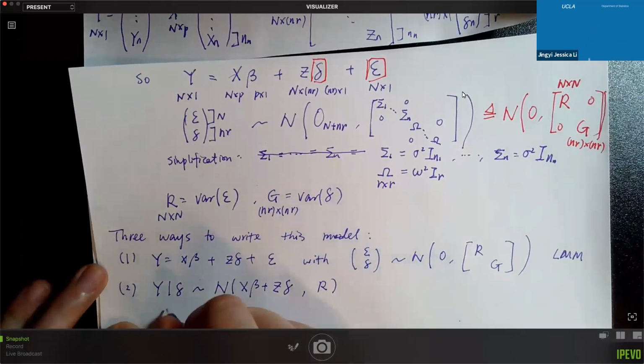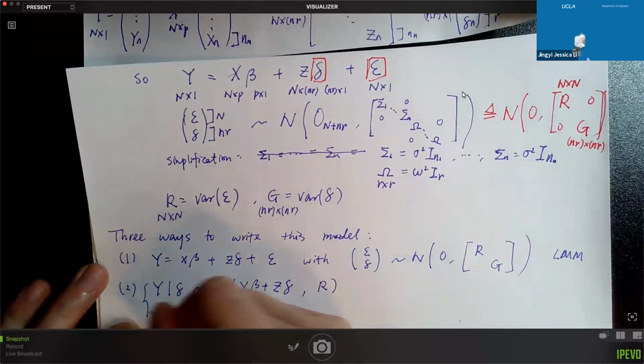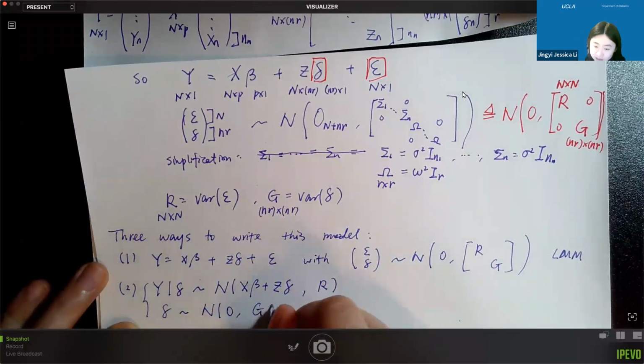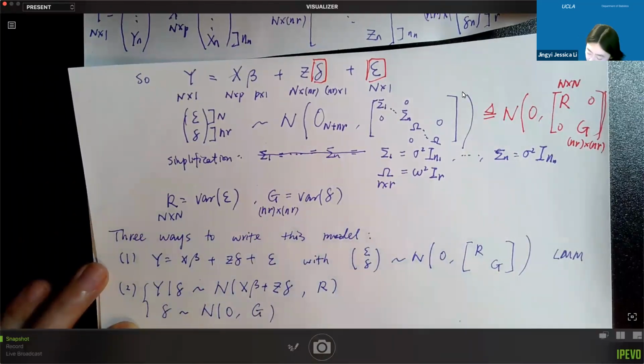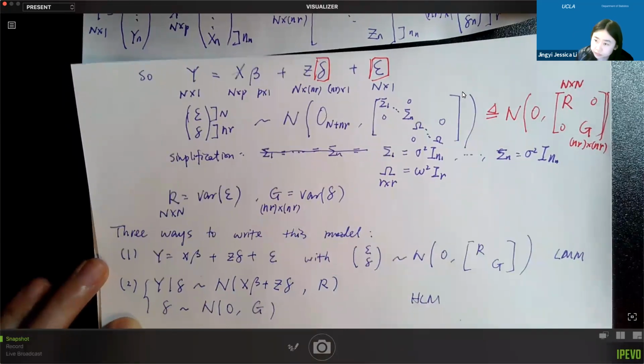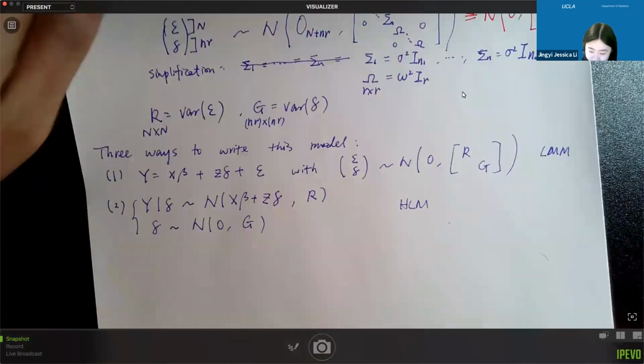Level 2 is delta following a normal distribution with mean 0 and covariance matrix G. That's the second way of writing down the same model, the HLM way, hierarchical linear model. And there's a third way.